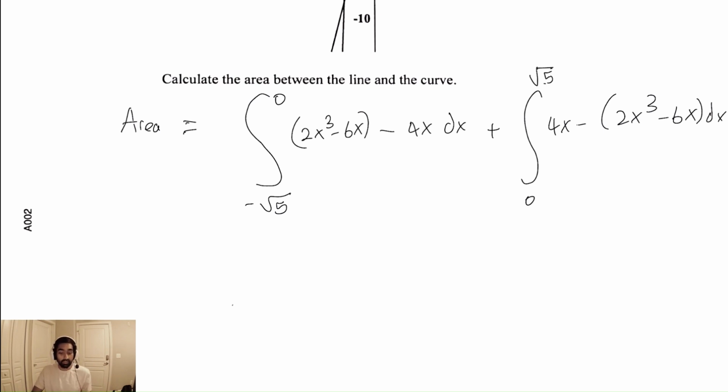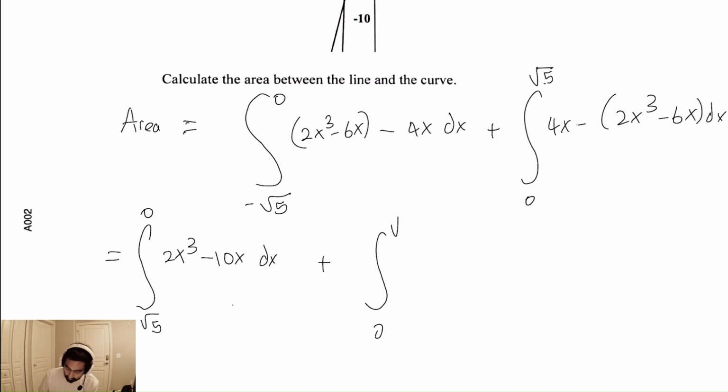Now, once again, it's just a matter of carrying out our definite integrals. So you can do this as the integral from minus square root 5 to 0 of 2x cubed minus 10x dx, plus the integral from 0 to square root 5 of 10x minus 2x cubed dx.